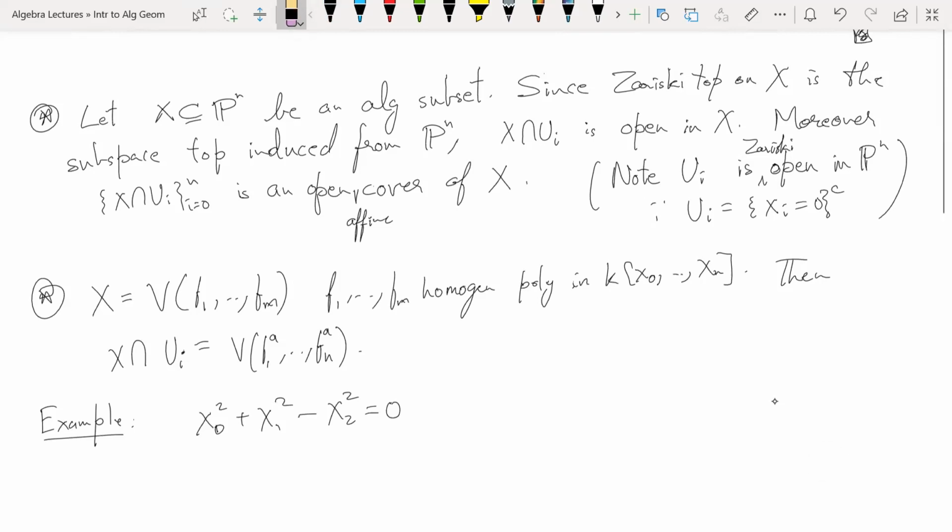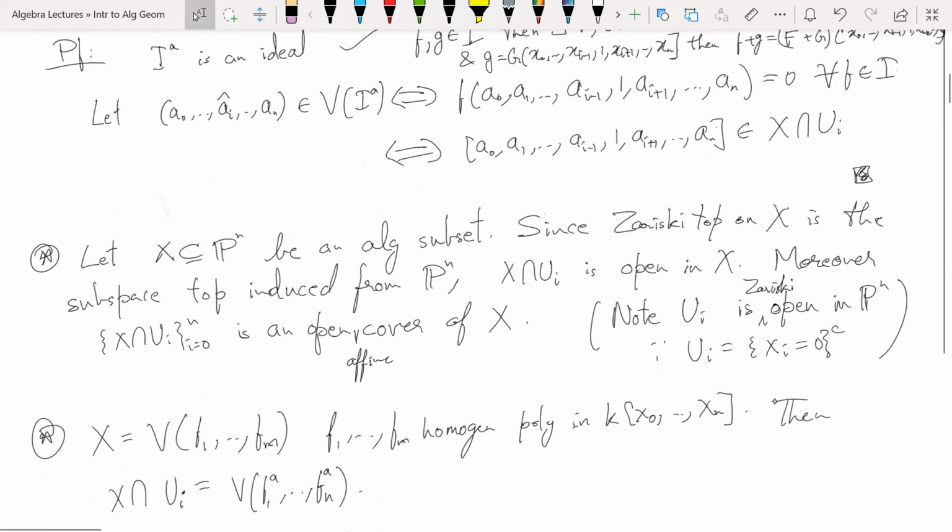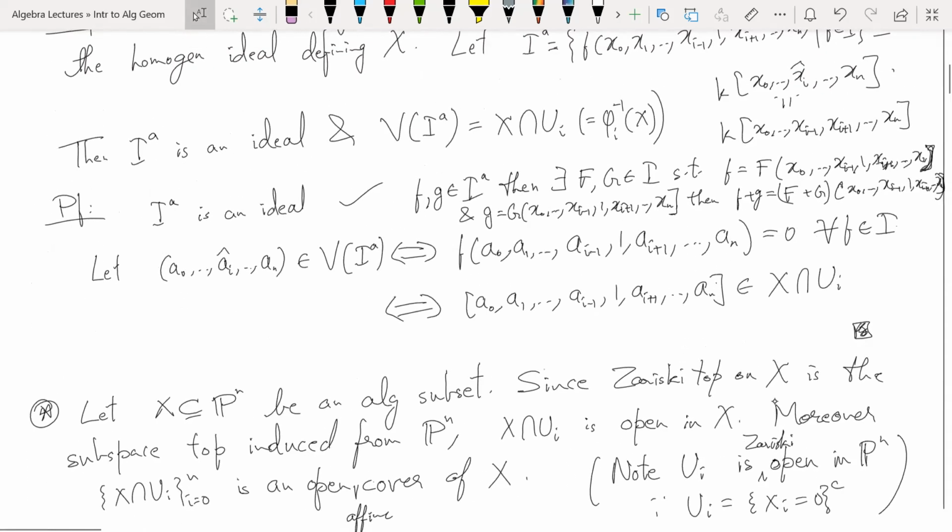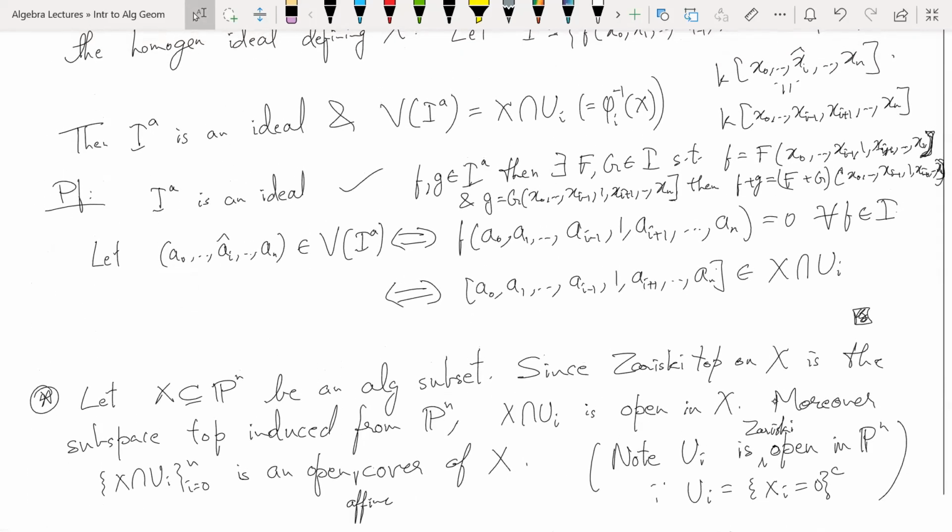Okay. Since X has the subspace topology, we know that X intersection U_i, where U_i is an open subset, is open in X. In fact, since the U_i cover the whole of Pn, X intersection U_i as i varies from 0 to n will cover the whole of X. So this is an open cover of X. And we know that X intersection U_i is affine, because we proved that X intersection U_i is V(I_A).